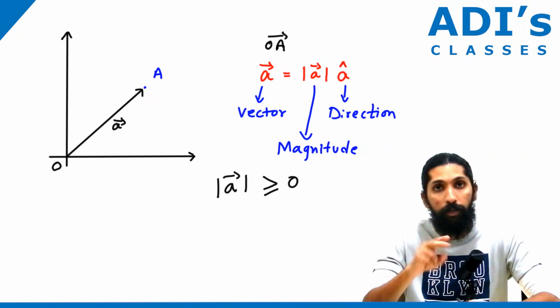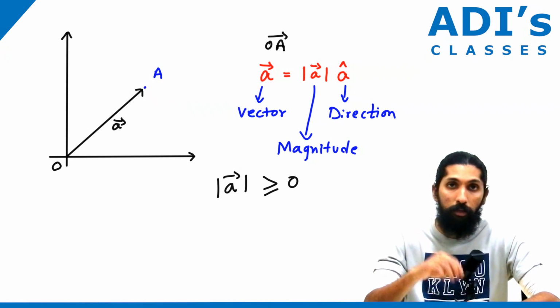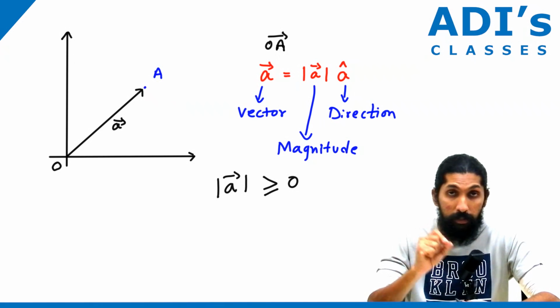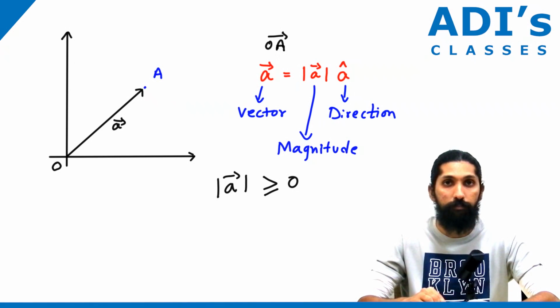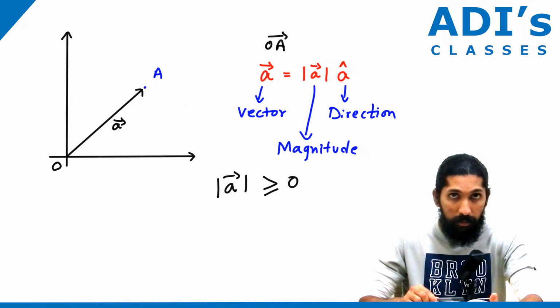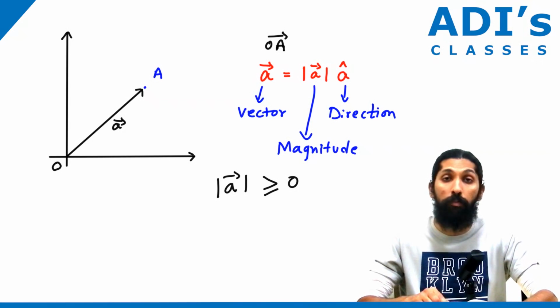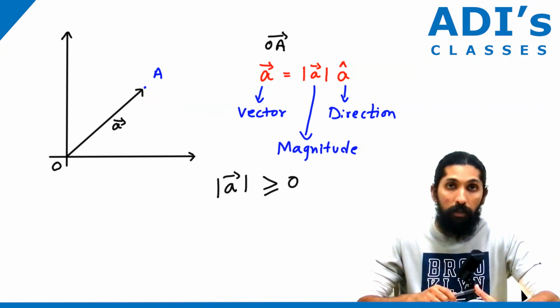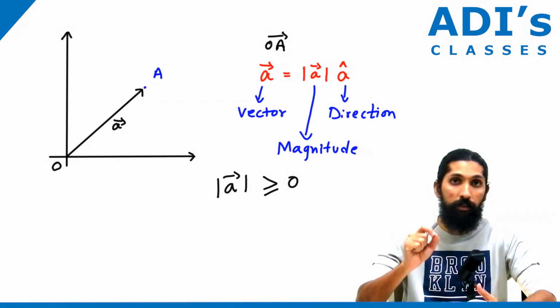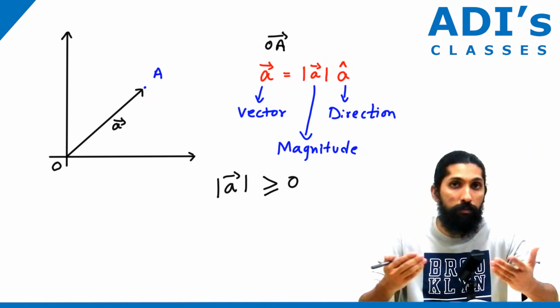These two are very, very important, correct? Where the point is situated, this is where direction comes into play. And what is the distance? That is basically the magnitude, or what we call the modulus. This is how we use vectors in math.